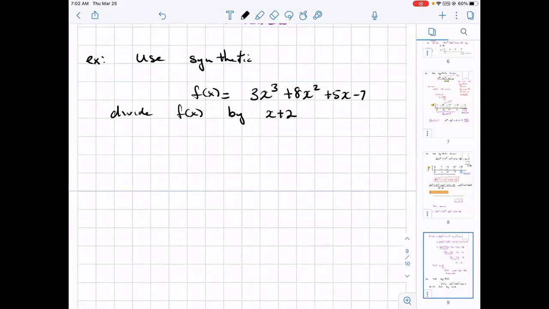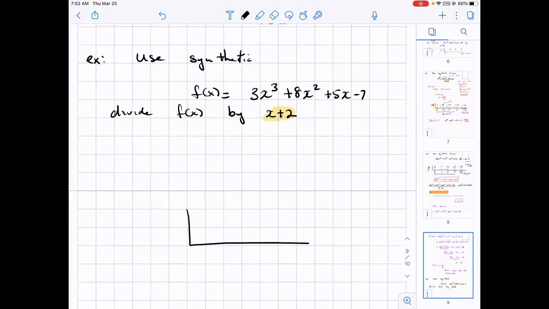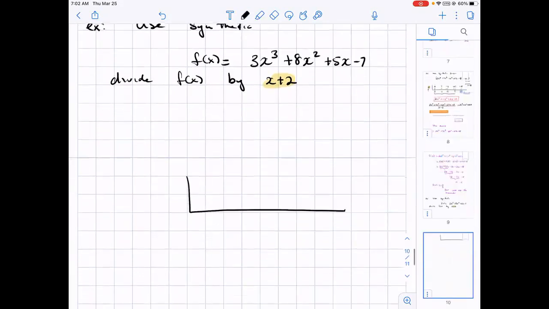Notice that this is linear. So if we set this up, we have minus 2 here because x plus 2 is equal to 0, so x is equal to minus 2. This is our k. Then 3 power, 2 power, 1 power, constant, so we don't have any missing terms. So here we have a 3, an 8, a 5, and a minus 7.